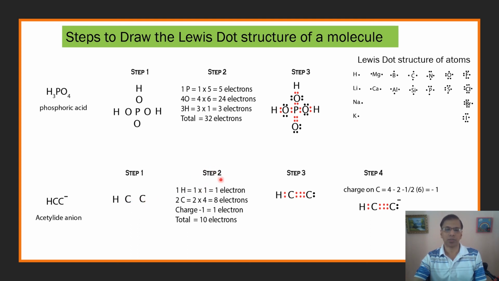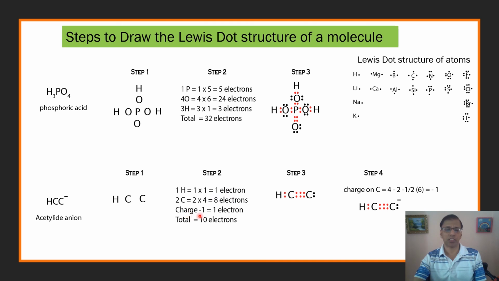Step 2 is to count the number of valence electrons in the whole molecule. Let's start with hydrogen. We have one hydrogen atom. You multiply it by 1 electron per hydrogen, and so you get a grand total of 1 electron. There are 2 carbon atoms, so 2 multiplied by 4. 4 is the number of electrons in the carbon valence shell, and you get 8 electrons.